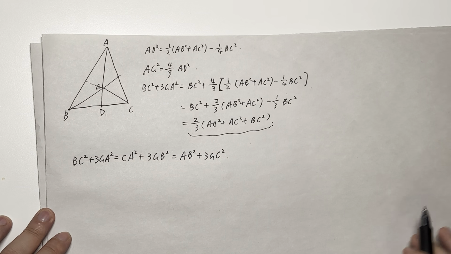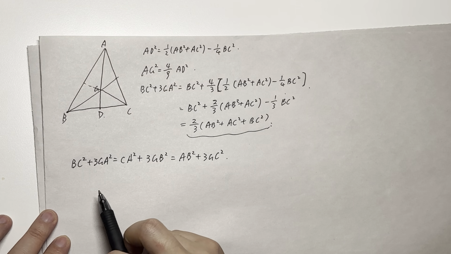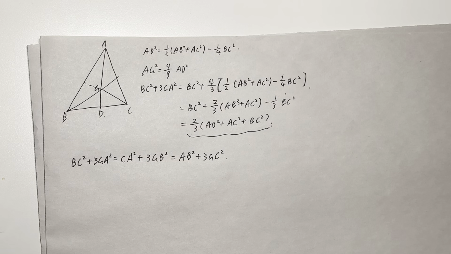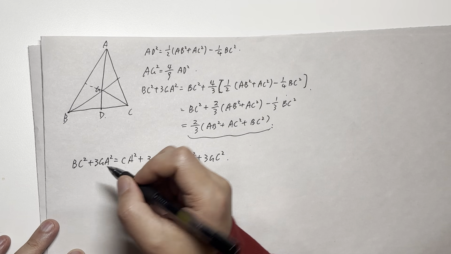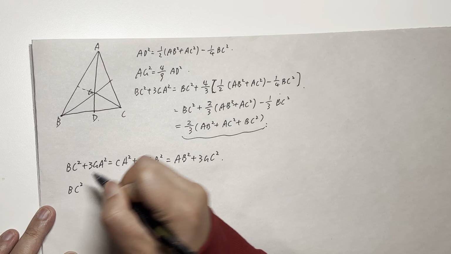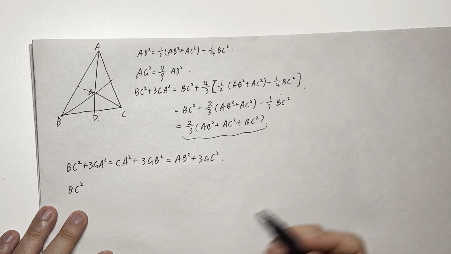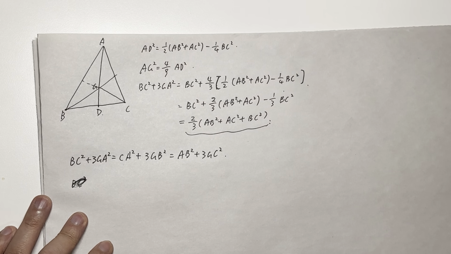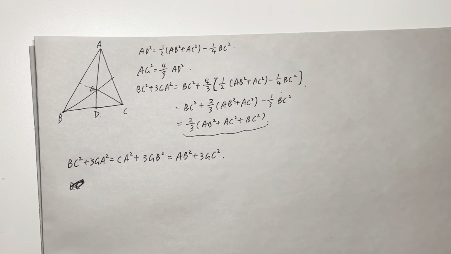For this one, let's consider G a variable, a point that we can move around. Let's change the name of this point, that would be easier.